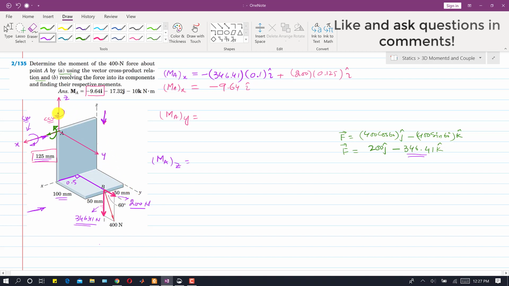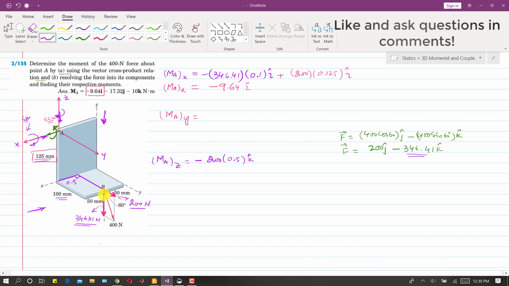And if we curl our right hand fingers in this direction, our thumb will point in the negative z direction. So this means that this moment will be minus, in the negative z, and the magnitude will be 200 into 0.5, and this will be along k, along the z axis.